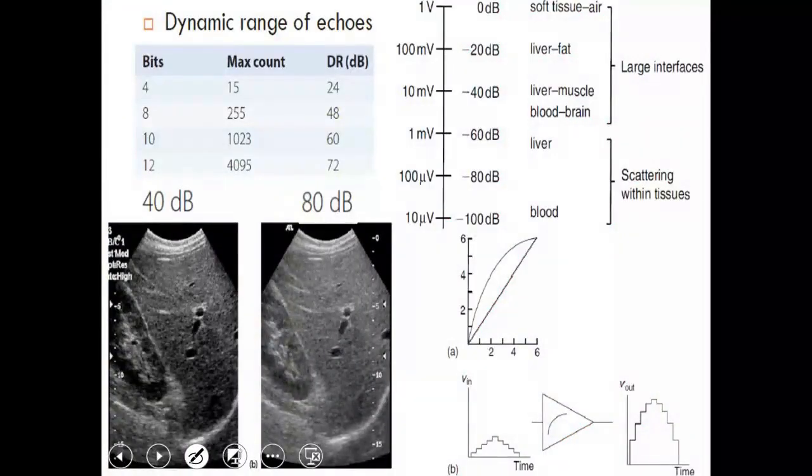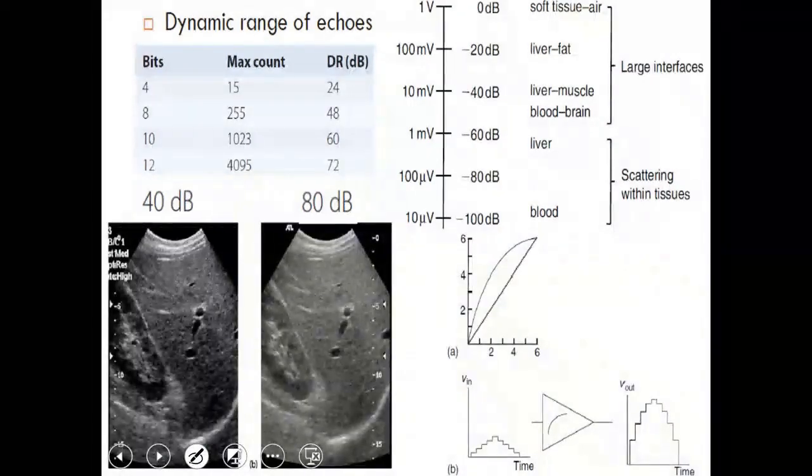The same idea exists in ultrasound, but instead of discussing CT numbers, we talk about something called a decibel. It's as if the pixel is receiving a certain intensity of reflection, which is represented in decibels. So how many decibels can a pixel accommodate?